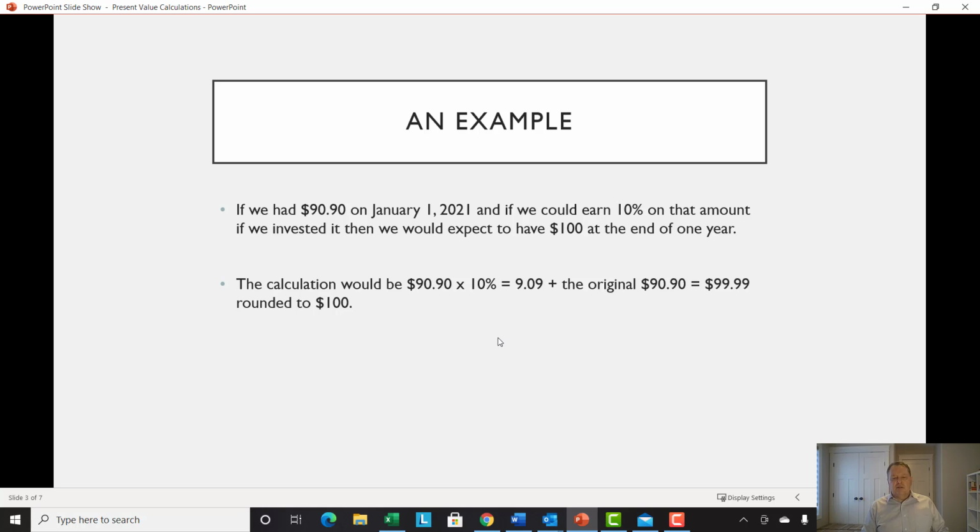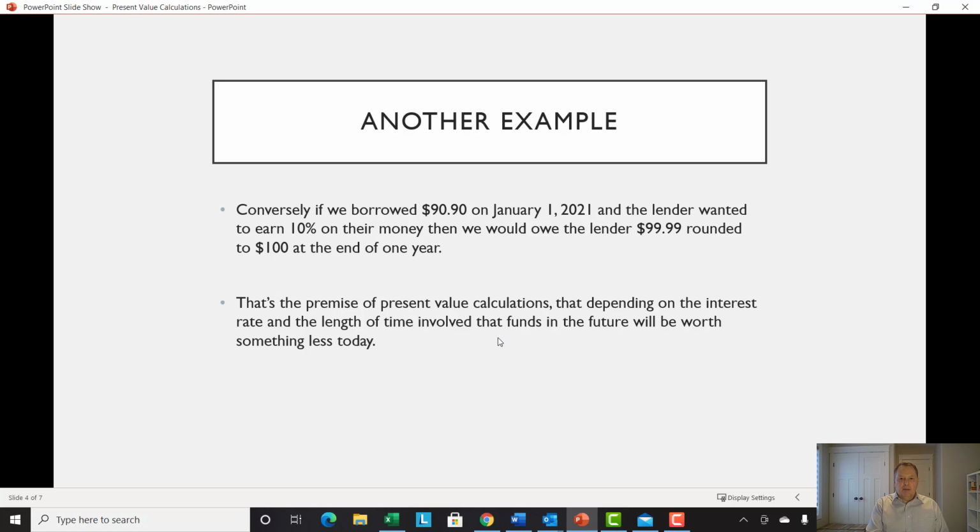Add that to the original $90.90, and you have $99.99, rounded $100. So based on that calculation, using 10% as the parameter and 1 year as the term, that's how much we expect we would earn.